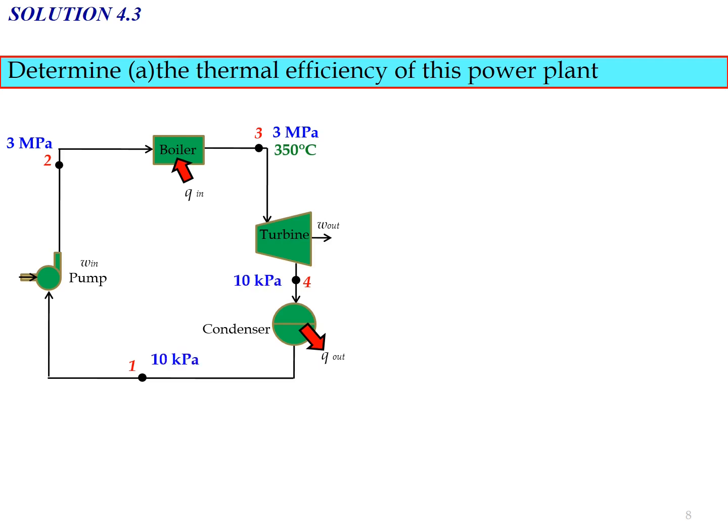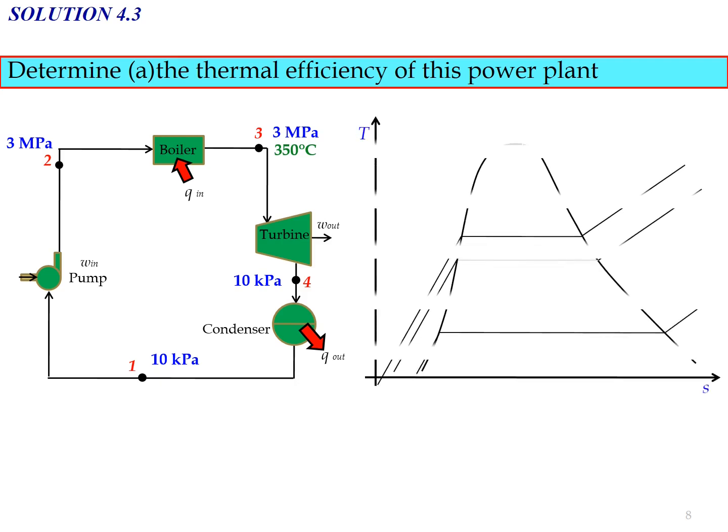The question also gives you the pressure of the condenser. So now we know that the P4 value will be equal to the P1 value, equal to 10 kilopascal. So that's the information that we have to answer the question.